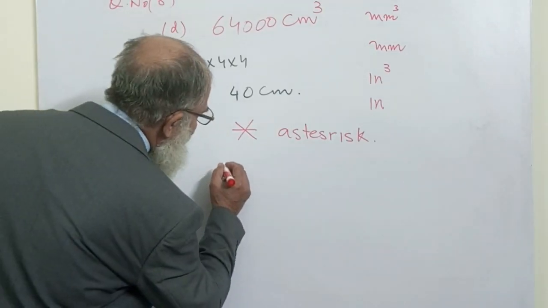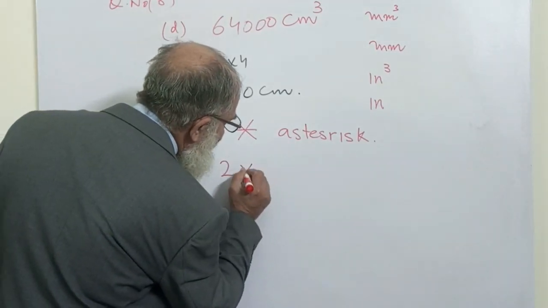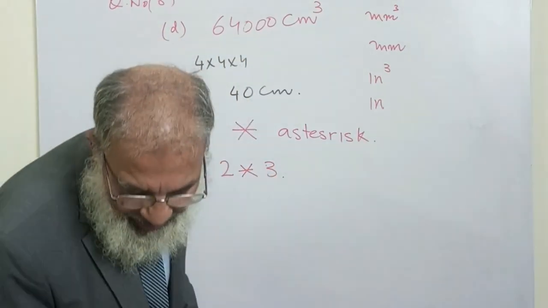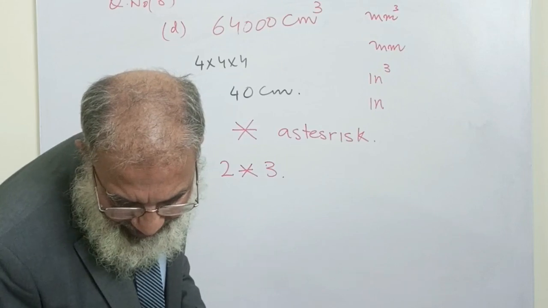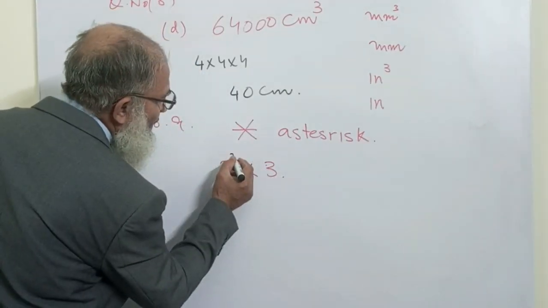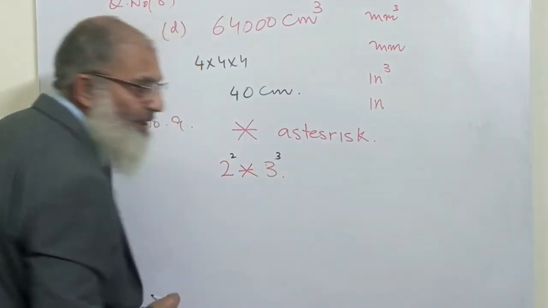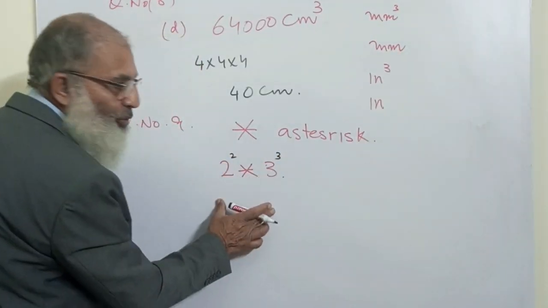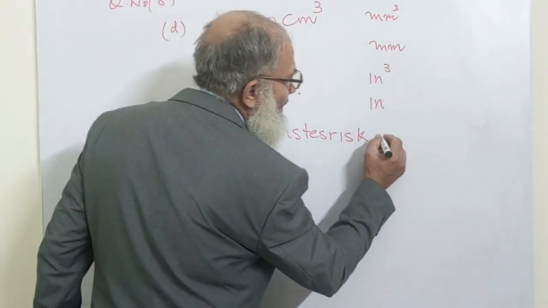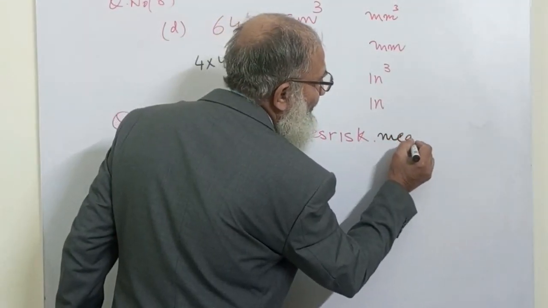Now he has given 2 asterisk 3. What we have to do is find the square of the first number and the cube of the second number, and then we have to add these, because here asterisk means add.